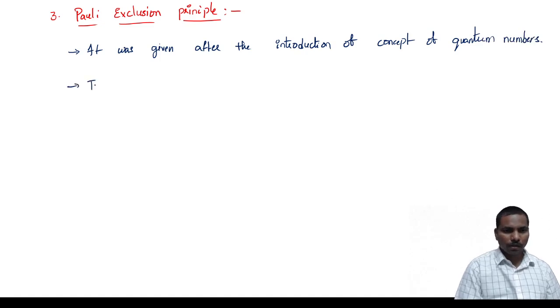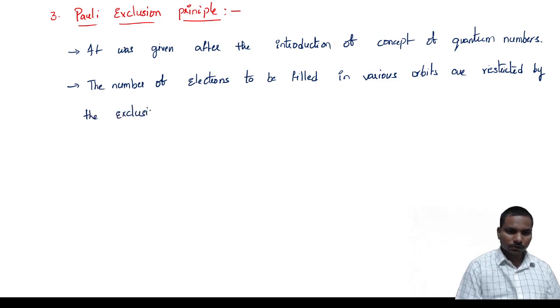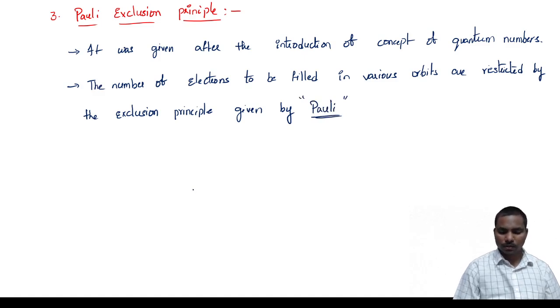Okay, the number of electrons to be filled in various orbitals are restricted by the exclusion principle, that is given by the scientist Pauli, given in 1926.